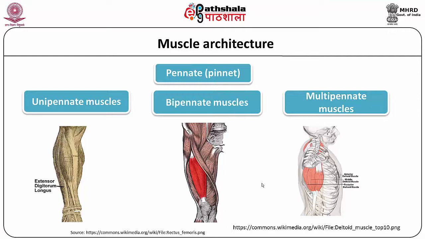In all these three, the direction of muscle has got differences, and that is why it is called multipinnate muscle. In rectus femoris muscle, you can see there is a cleft-like structure in the middle, and the fibers are arranged in both directions. So it actually creates a sidewise pull.